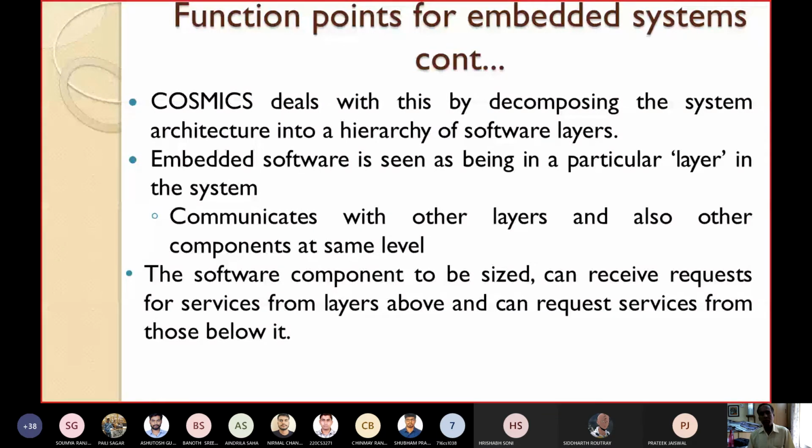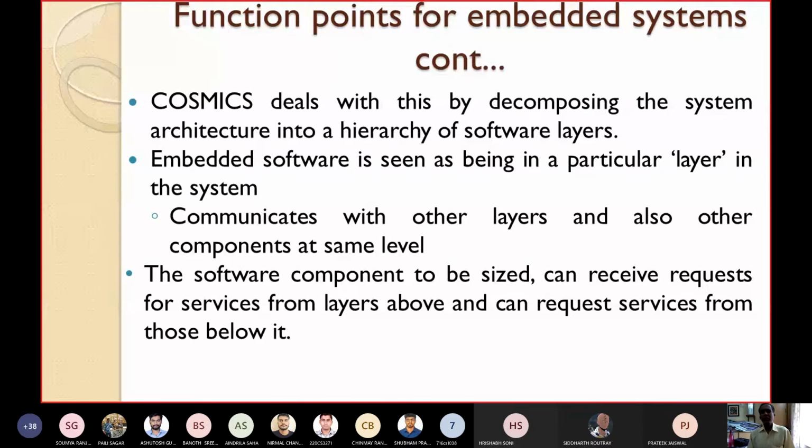This aspect is dealt with by COSMIC in the following way. COSMIC deals with this by decomposing the entire system architecture into a hierarchy of software layers. We'll show what the different layers are.